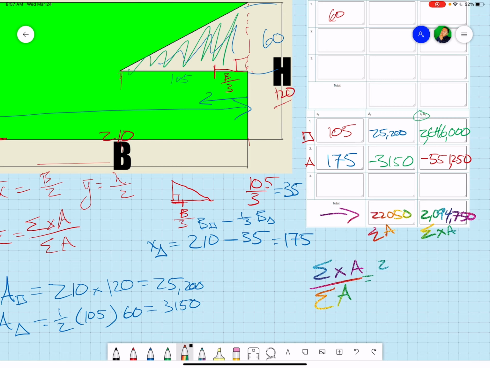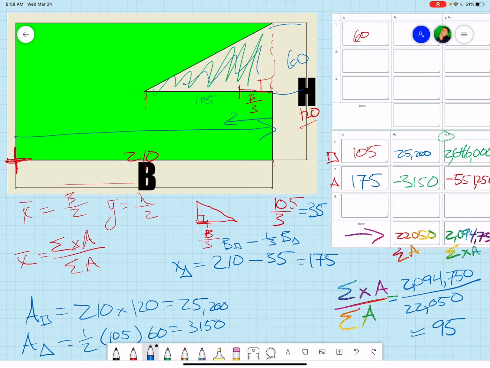Sorry if this is hard to read, let me do a different color. 2,094,750 divided by 22,050. And I get an answer of 95. That's a pretty clean 95 right there.